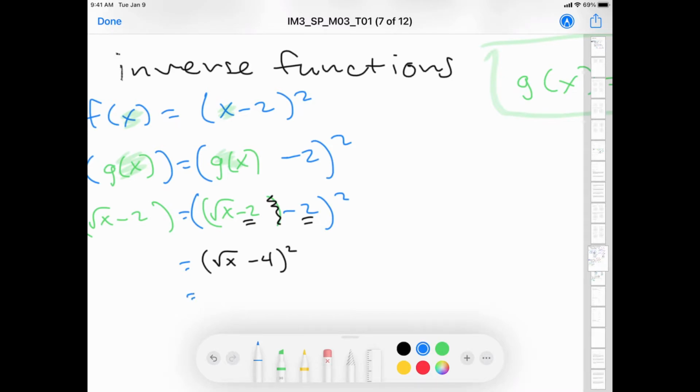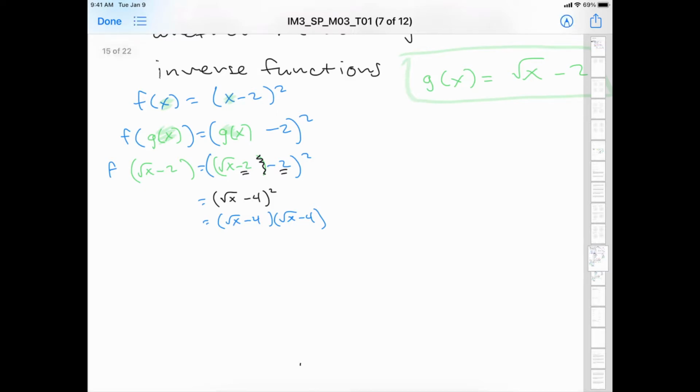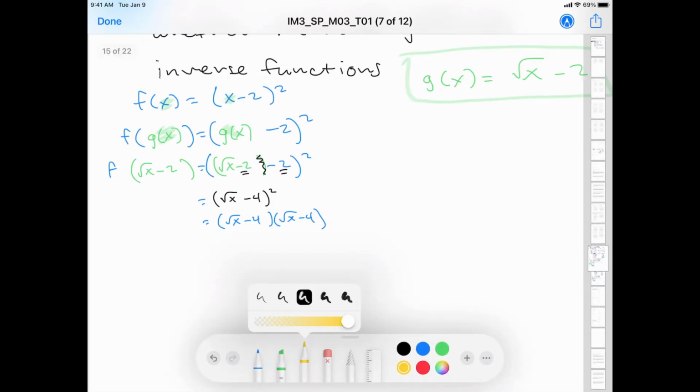Remember, when you have two of these, you have this. Okay, be careful now. You have to use FOIL, or you can use the box method, which I've taught you guys earlier this year, so I'm going to use the box. Keeps me organized. I like it.